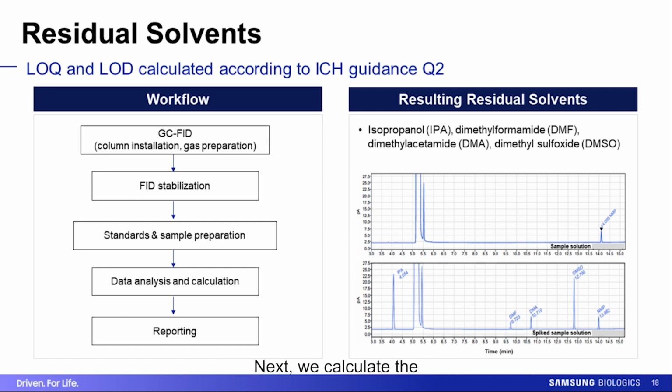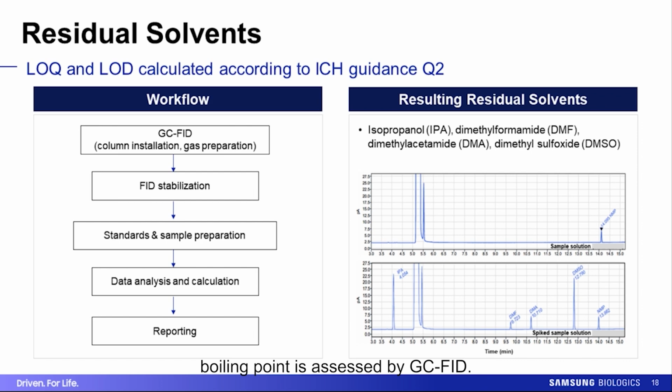Next, we calculate the data using software and report the result based on the method. Now, our platform method can quantify a total of 4 residual organic solvents, including IPA, DMF, DMA, and DMSO.